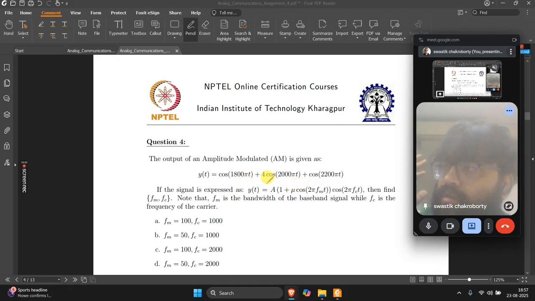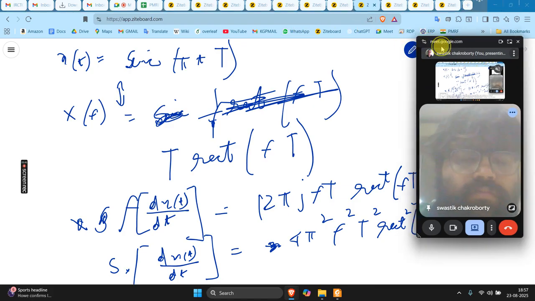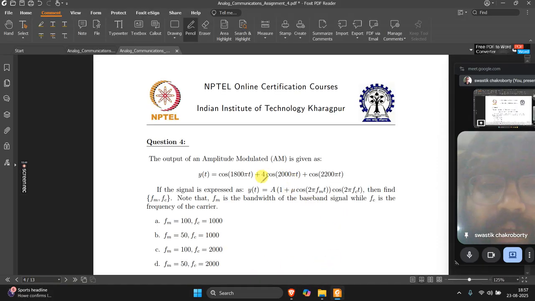As you can see, this cos 2000 pi t part is the center frequency. So without a doubt, this will be your carrier frequency. These are your sidebands, 2200 and 1800 are your sidebands.